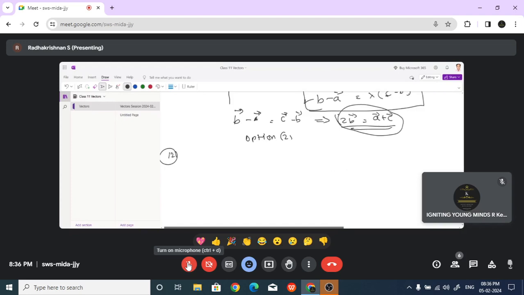If R equal to 9A plus 7B, then the point P whose position vector divides the line joining the points with position vectors A and B in the ratio. See, we represent it better in this diagram.